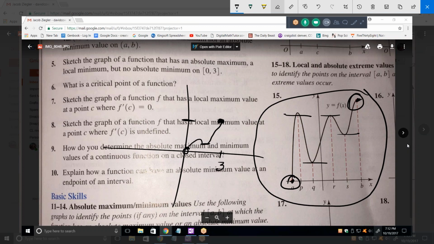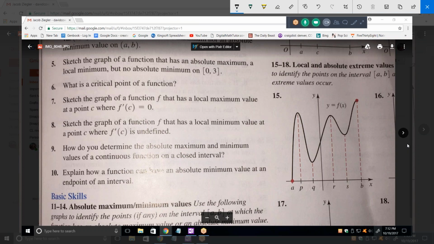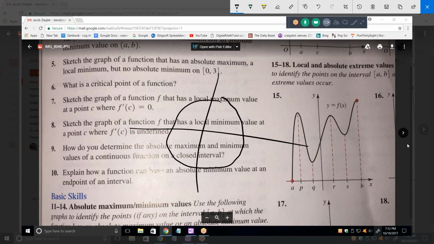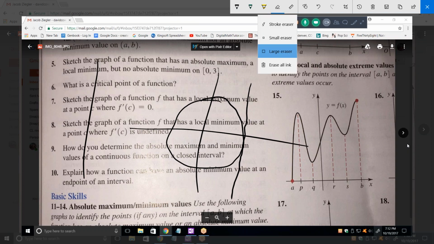Okay. And if the tangent line's vertical, that would be a critical point too, or no? In order to have a vertical tangent line, you'd have to have a non-function. Well, what about a cube root? Or no, what about a cubic? No, a cubic has, oh, I see what you're asking here.